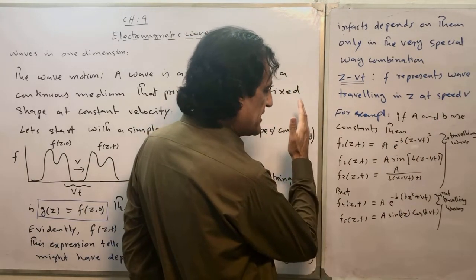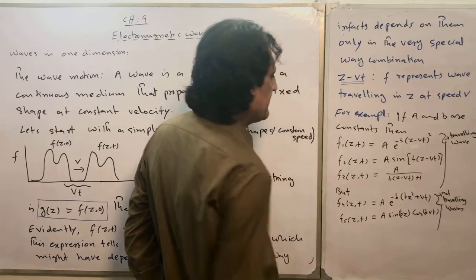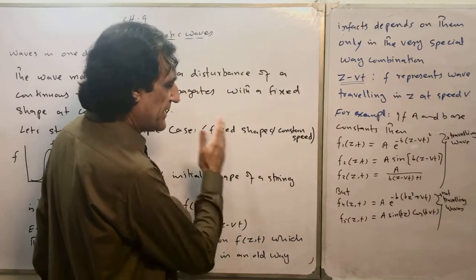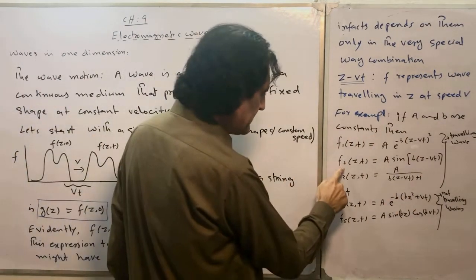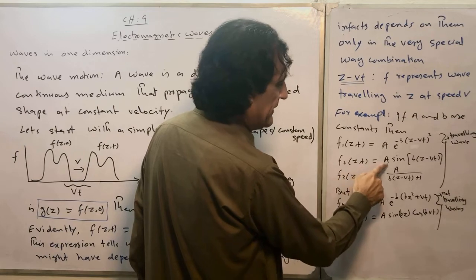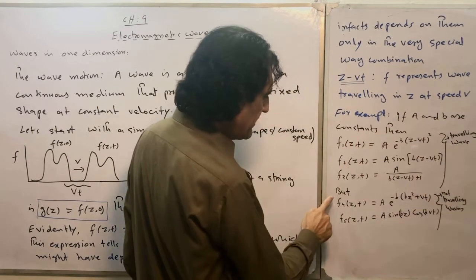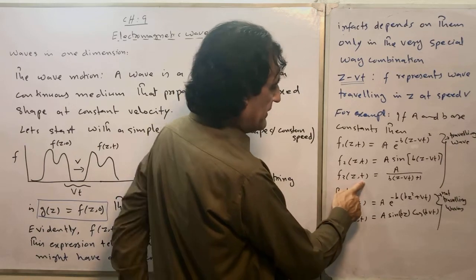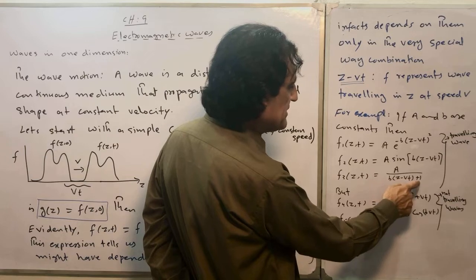The wave is traveling with velocity v in the z direction from left to right. Similarly, f2 of z, t is equal to a sine b times (z minus vt); this is also a traveling wave. f3 of z, t is equal to a divided by b times (z minus vt) plus 1; this is also a traveling wave.